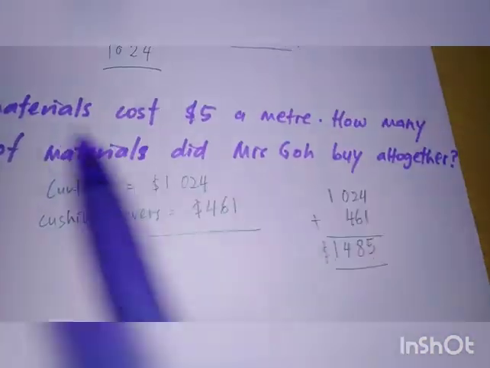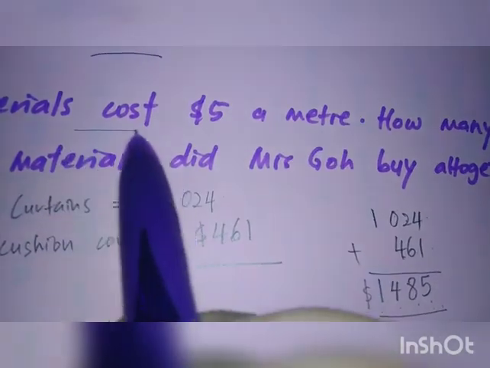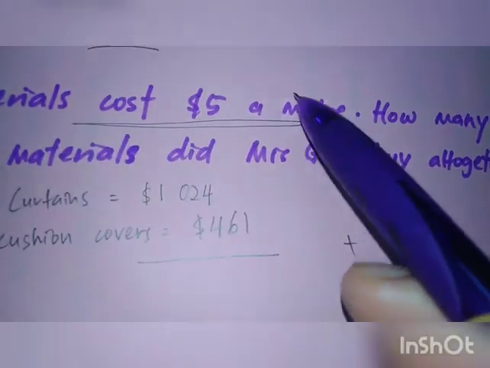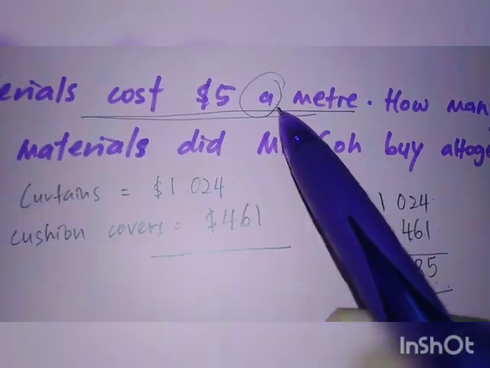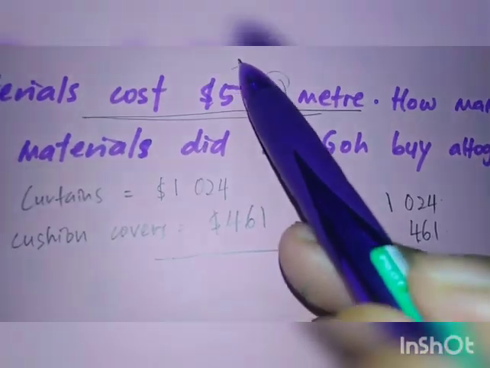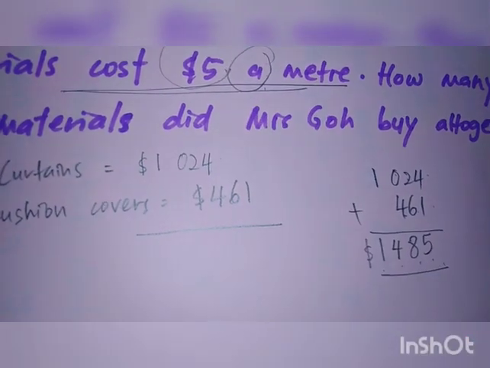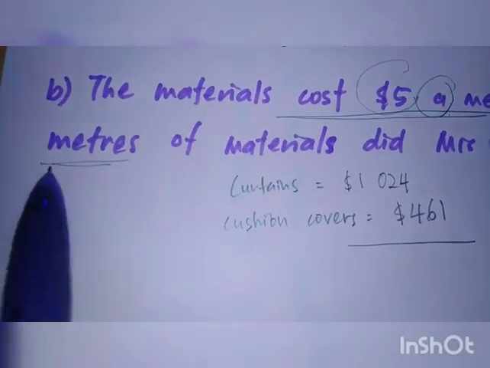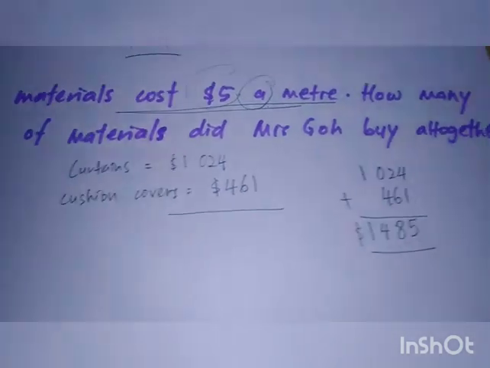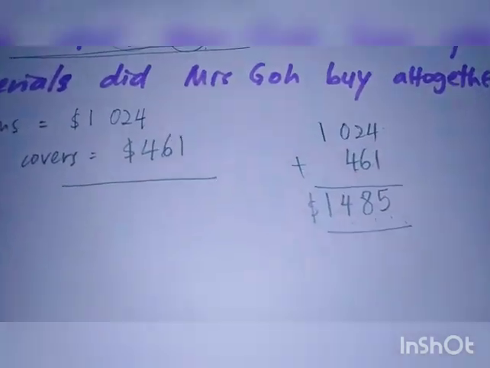So the information given in this question is the cost for 1 meter. A meter here refers to 1 meter, right? So the cost for 1 meter of material is $5. How many meters of material did Mrs. Go buy altogether?